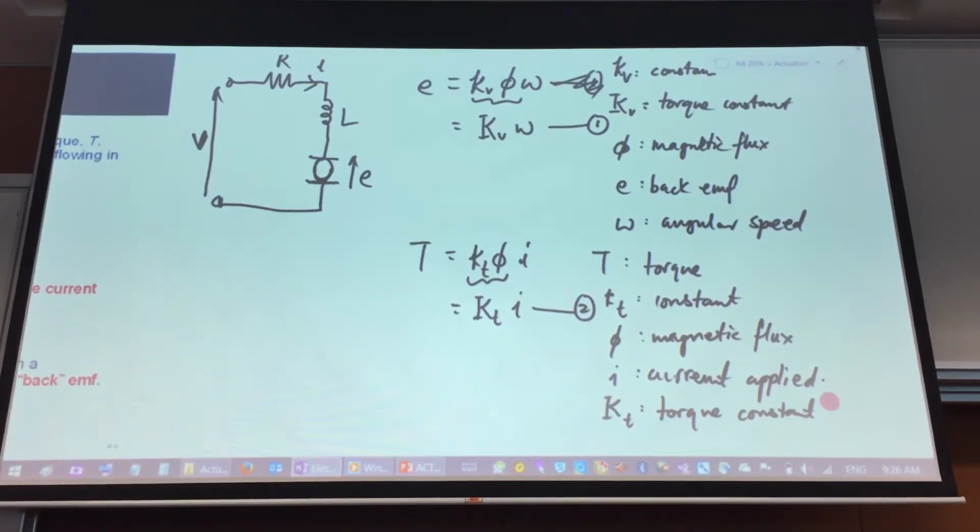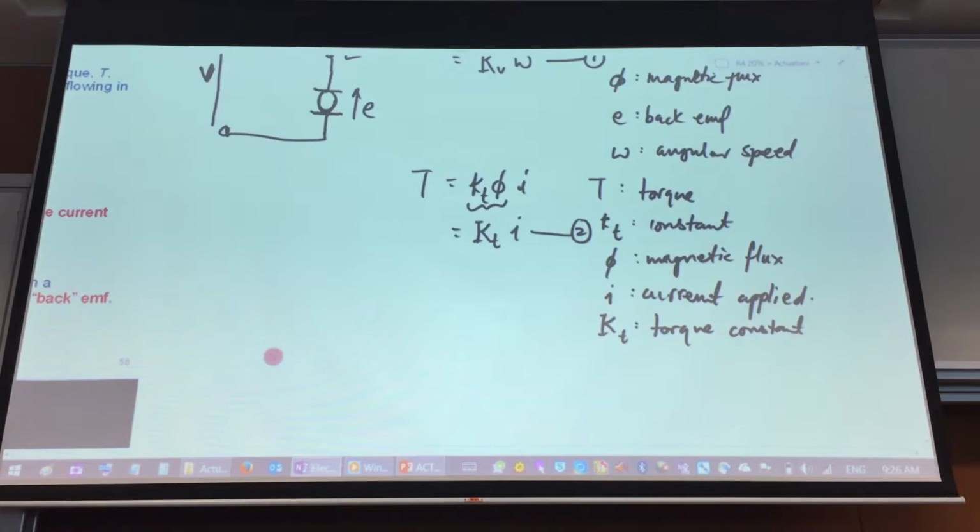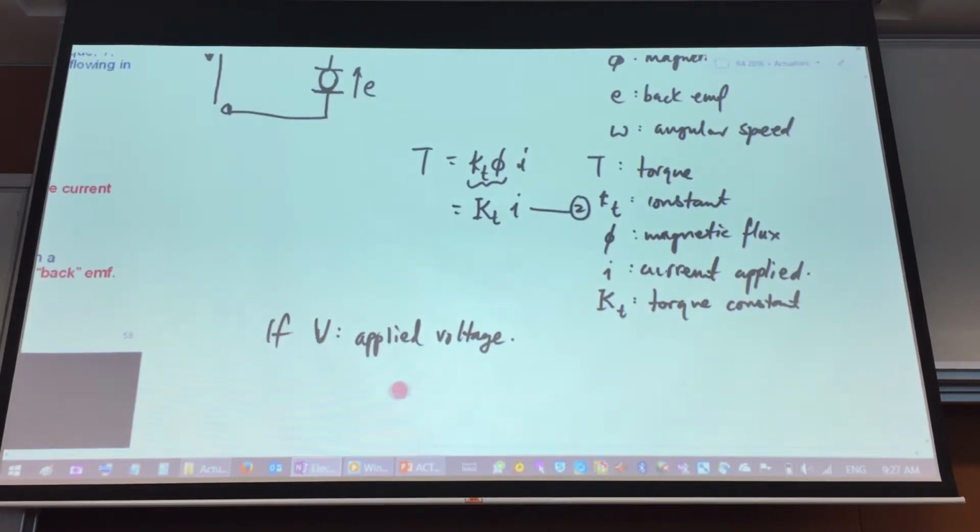So what I'm going to do is to say that if V, this V over here, is called our applied voltage, then I'm going to relate that voltage using Ohm's law.